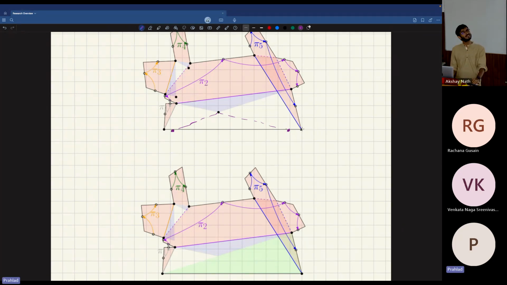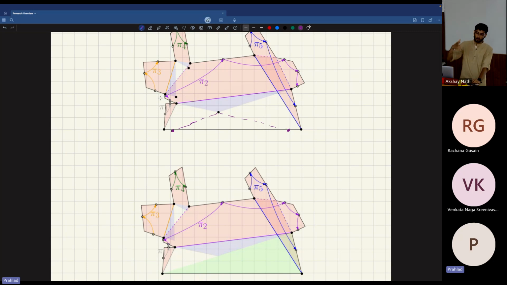Essentially it might not remain convex anymore because of these edges here, and if that is the case, make sure that it is convex. I'm not sure what the nice answer is, but essentially this worked.